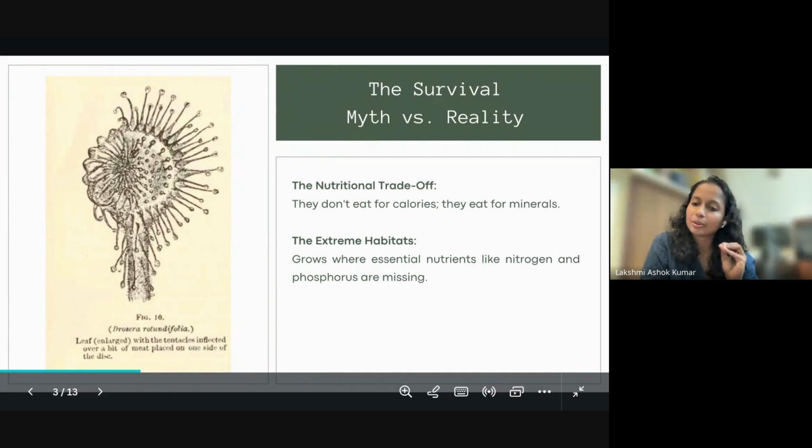So they need to find these minerals from some other source, not exactly from the ground level, maybe not from the roots. They will have to find their easy nutrition from the insects around them, or maybe even small mammals.